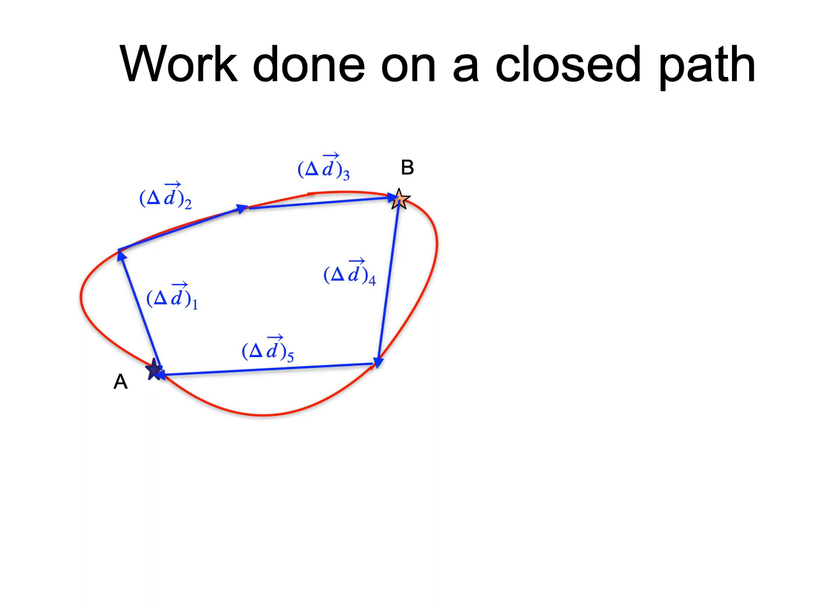The first displacement vector has its tail on the point A and the last has its tip on the point A. Each displacement vector has its tail at the tip of the preceding displacement vector. The set of displacement vectors is such that their sum equals the total displacement, which is 0 since the first vector starts at point A and the last vector ends at point A.